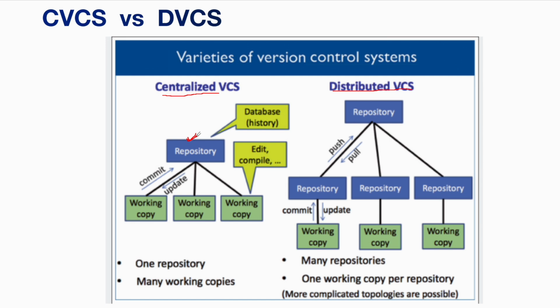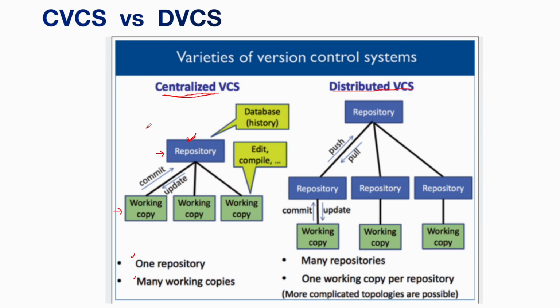Whenever you want to read a book or update it, you have to go to the library, that is, a central server. Here in the centralized version control system, you have one repository and many working copies. These are working copies, right? This is a centralized repository located on the server.